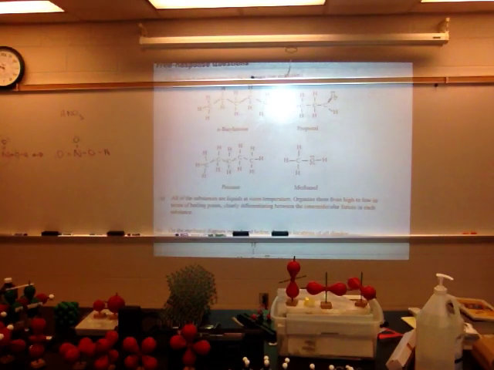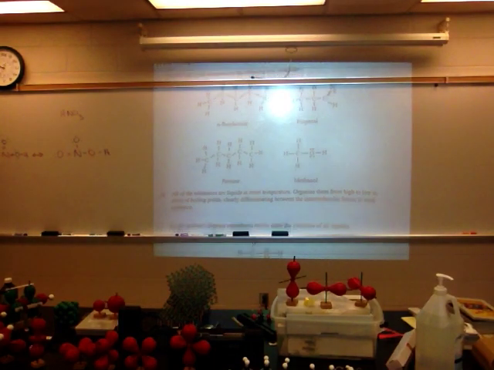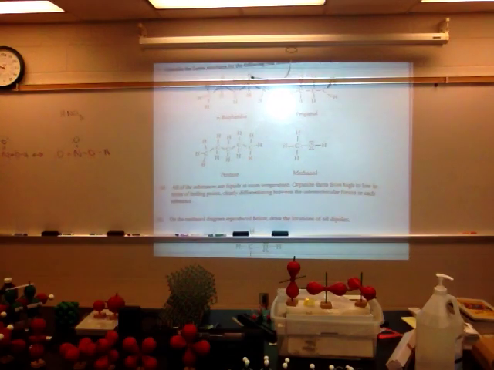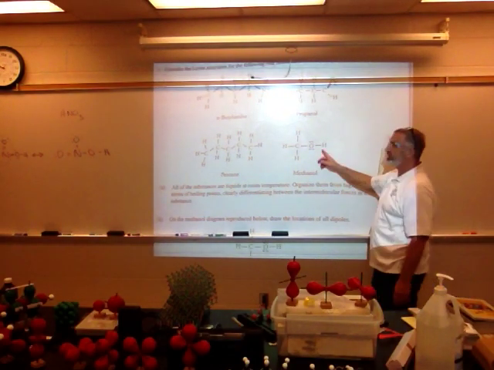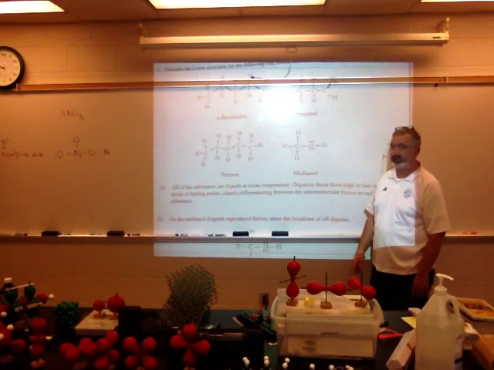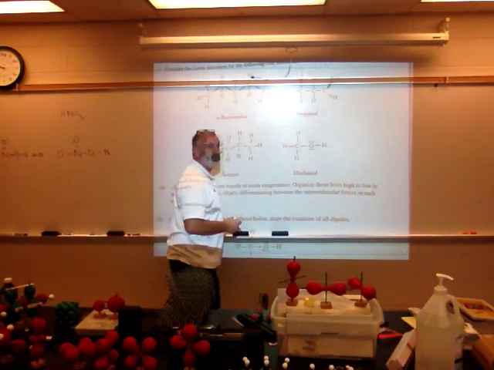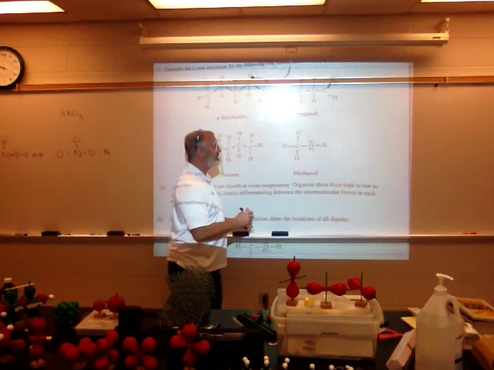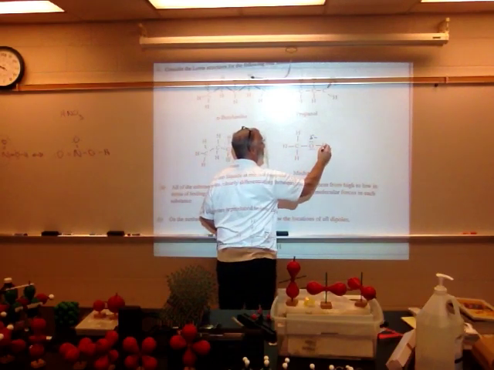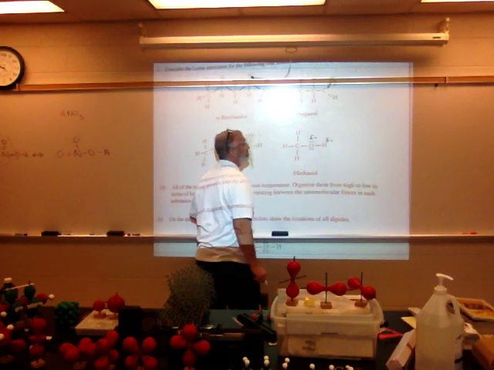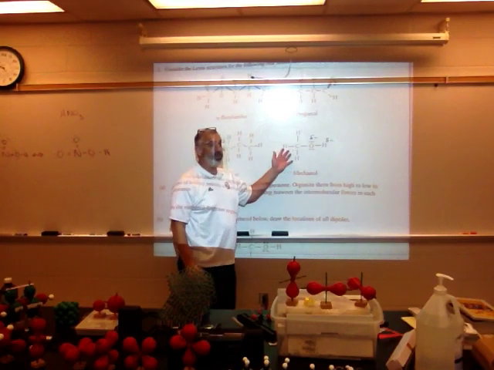On the methanol diagram, reproduced below, draw the location of all dipoles. Well, we have this right here. Where are the dipoles going to be? In other words, where are the charges going to be? Oxygen is going to be the negative, and this is going to be your positive. Really, you're not going to have a whole lot over here on this side.